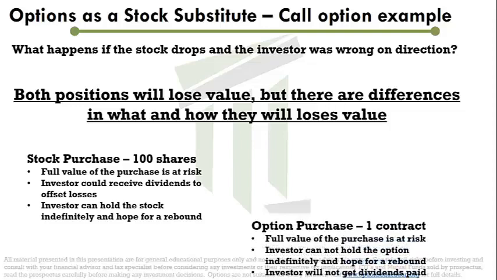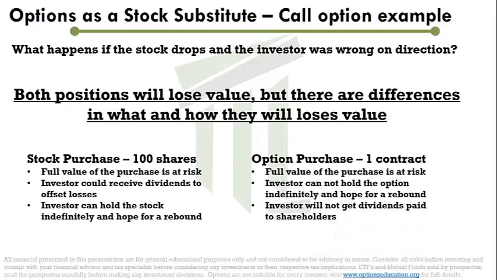With the options contract, the risk is certainly the full value of the options purchase, but that purchase is significantly smaller than the stock purchase. The difference is that the investor cannot hold the option indefinitely and hope for a rebound. The movement has to occur in a given period of time, and the investor is not going to get paid the dividends that go to the shareholders.